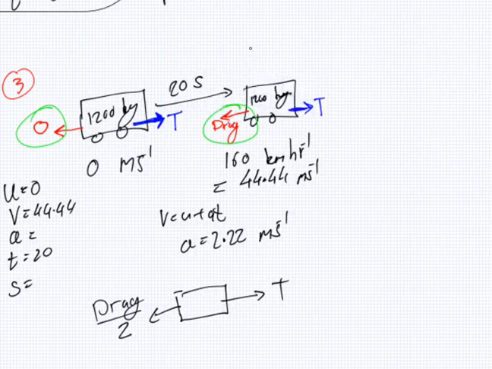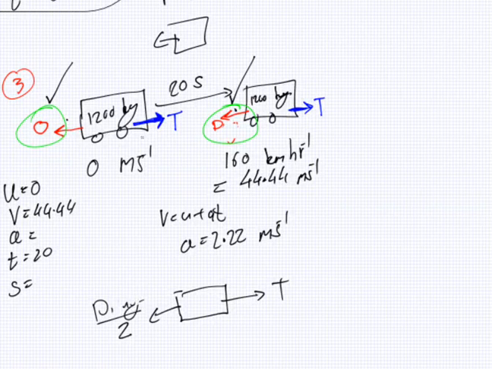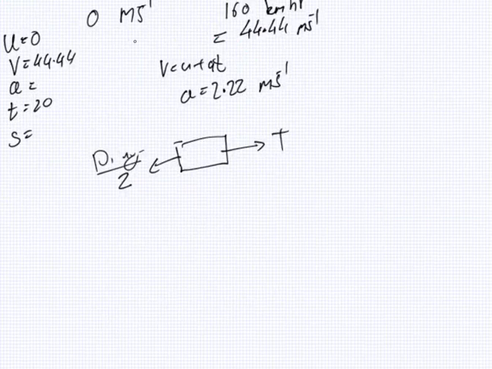There's my car, and it'll go from 0 meters per second to 160 kilometers per hour. Its mass is 1200 and 20 seconds. I should change this into meters per second.